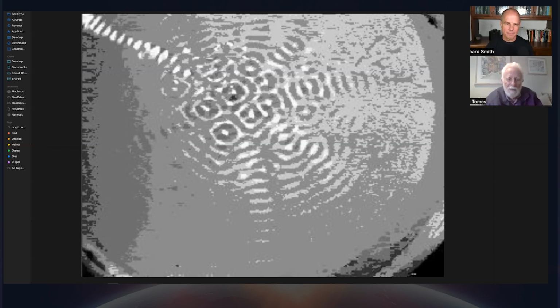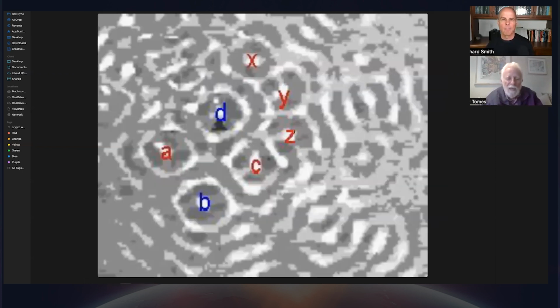Okay. So I've labeled them with blue and with red. The reason for that is the number of half wavelengths is very important. If the points A, C, X, Y, Z are all up at one point in time, then B and D will be down.